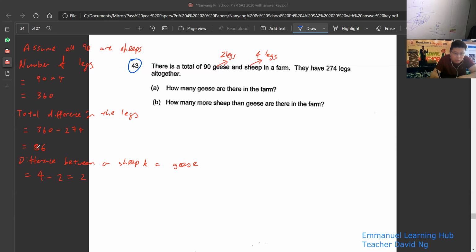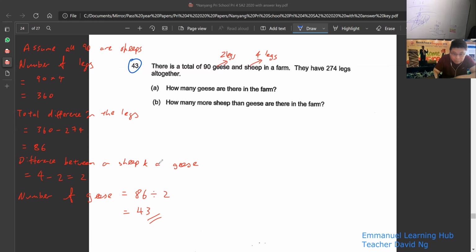So the number of geese is the total sets of difference. 86 divided by 2 is the number of geese. Okay? Can understand? Can understand why?